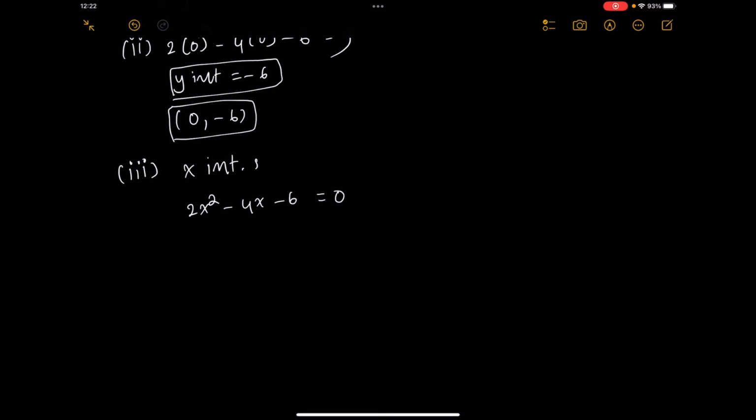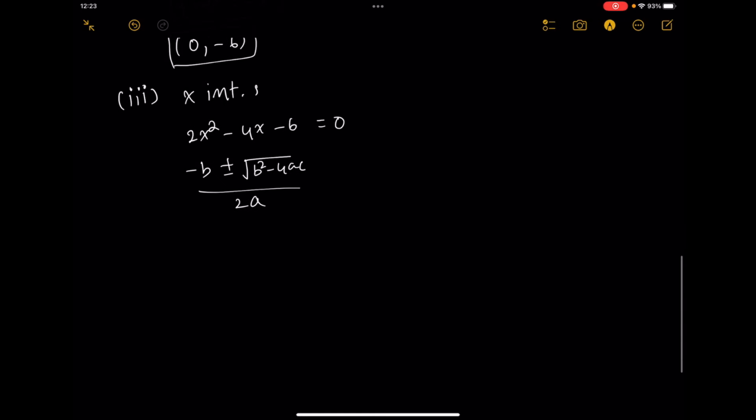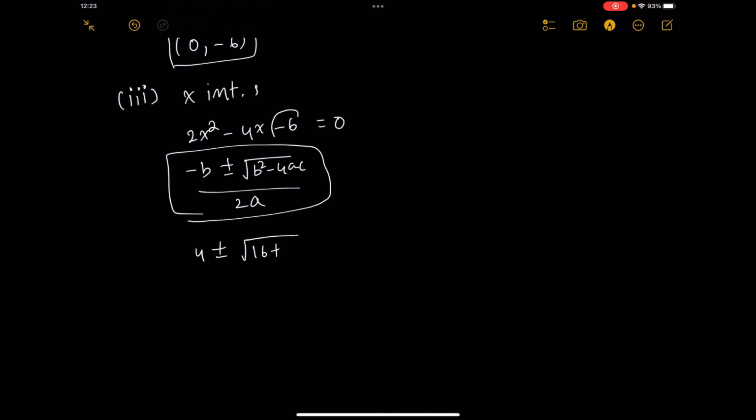Now we can plug into the quadratic formula, which is over 2a. If we plug our values in, we get 4 plus or minus the root of 16 plus, because we have a negative 6 over here, 4 into 2 into 6, all over 2 times 2, which is 4. So 4 plus or minus the root of 16 plus 48.